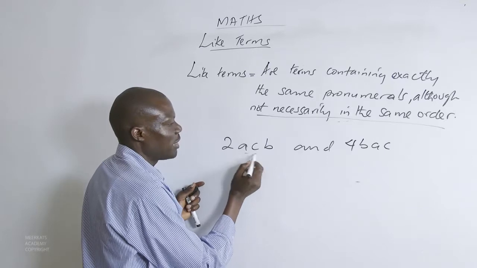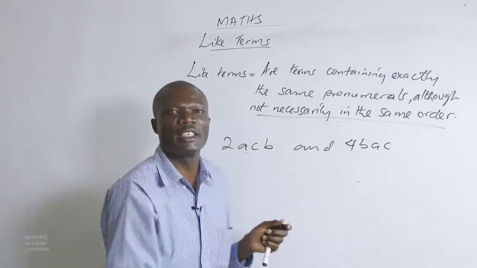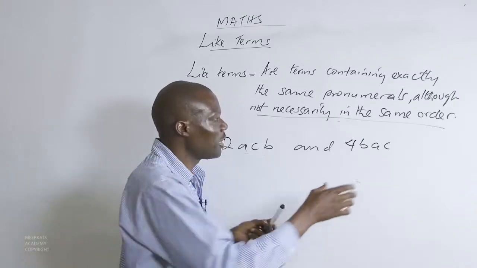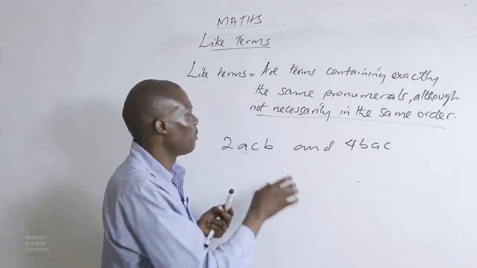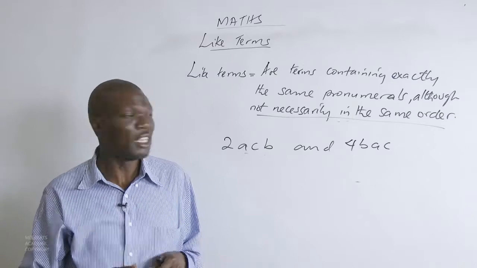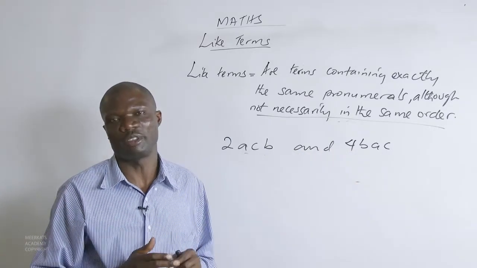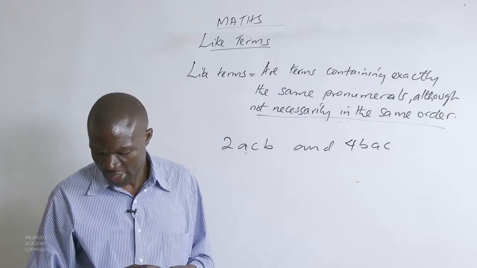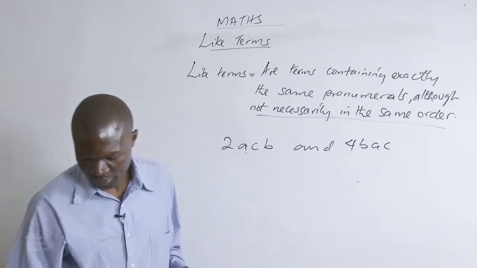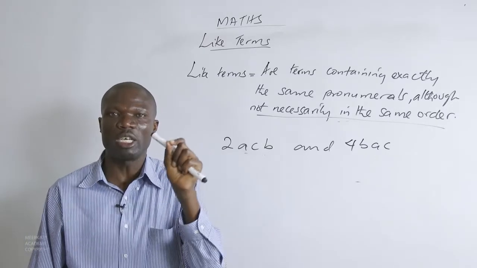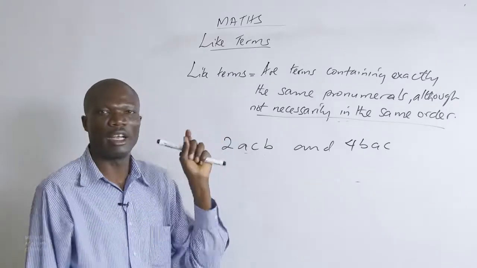The order here is ACB. The order here is BAC. And the pronumerals here are A, B, and C. The pronumerals here are A, B, and C. So these are like terms.